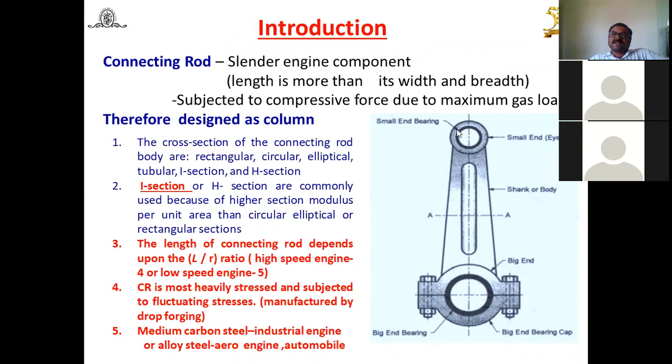Inside it there is a bearing, meaning the small bush, a cylindrical part, which is inserted inside the connecting rod, and this bush comes in contact with the piston pin or gudgeon pin. And look at the other end also. There is also a bush part here. This bush part is known as a bearing. But here this big end is divided into two parts or two halves. And this bottom part and the part of the connecting rod are joined by using nuts and bolts.